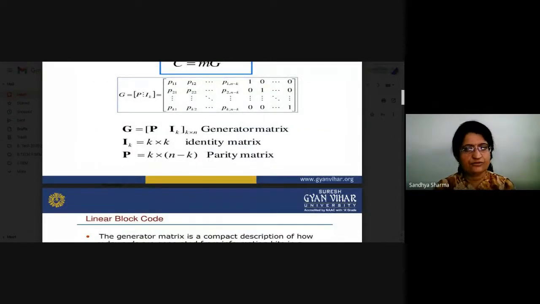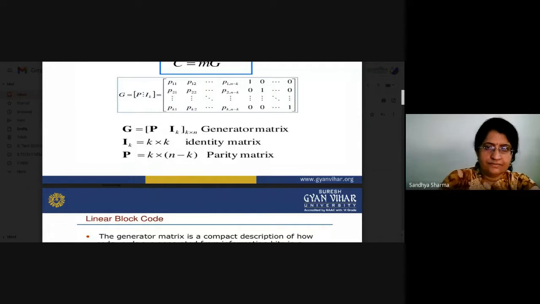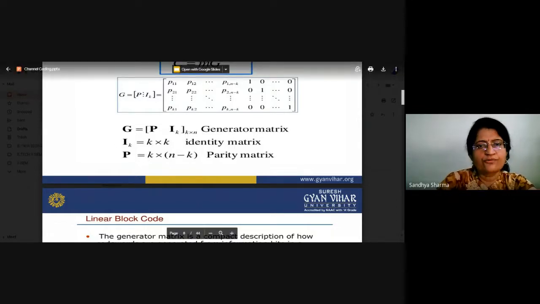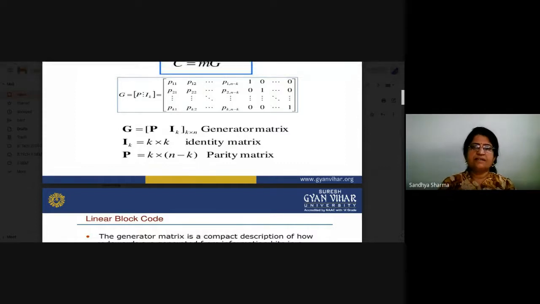That is the generator matrix, and its rows and columns are k into n. The number of rows is k and the number of columns is n. So it is a k into n generator matrix, a combination of a parity matrix and an identity matrix.